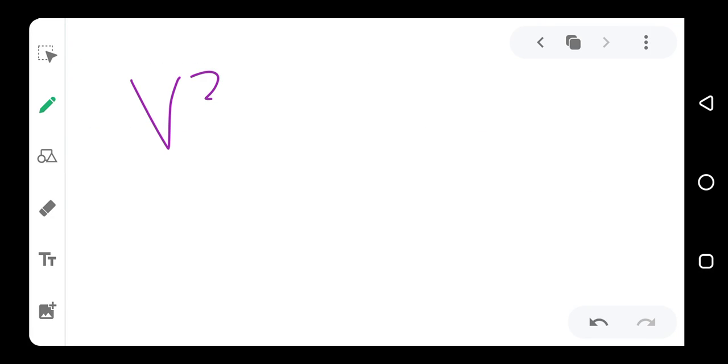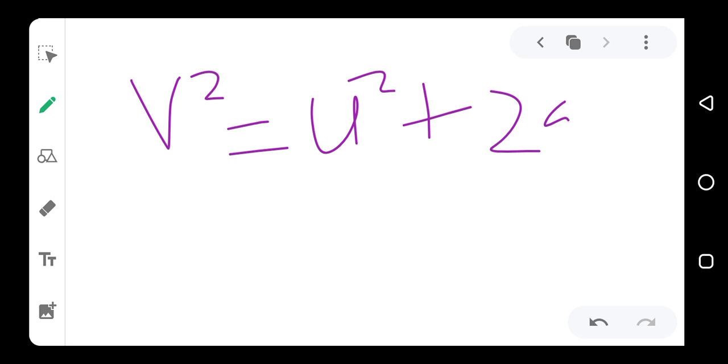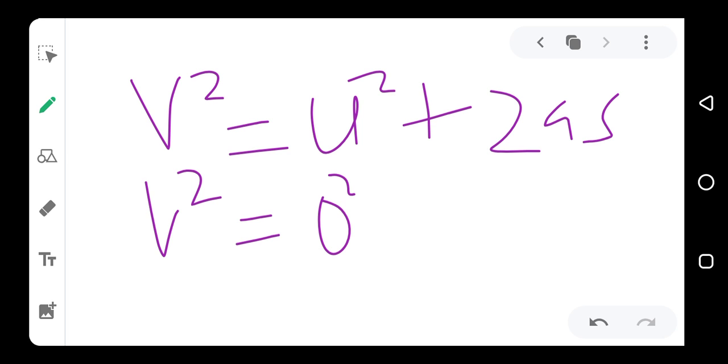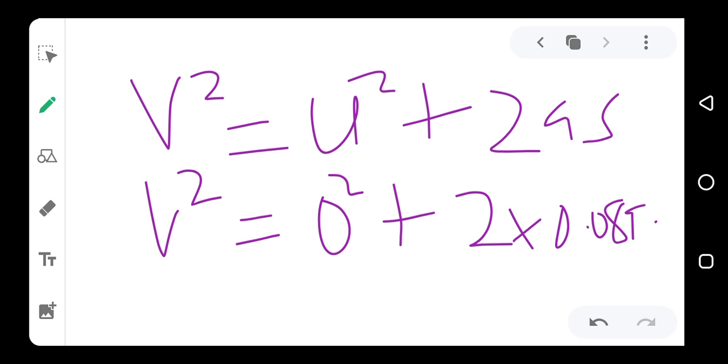v squared is equal to u squared plus 2as. Now, v squared is equal to initial velocity 0, 0 squared, plus 2 times acceleration, 0.089, times distance, 40.